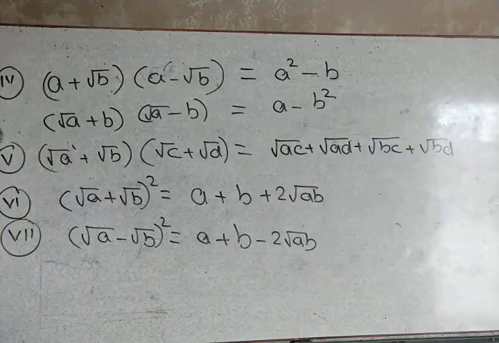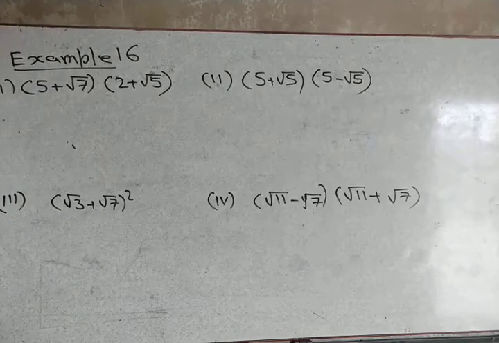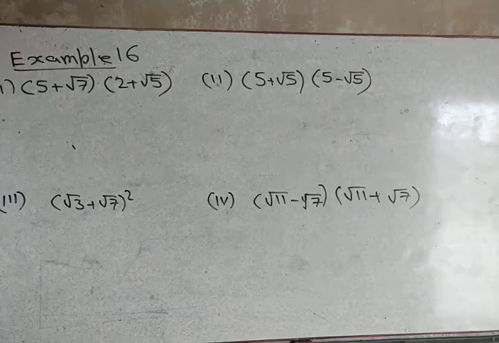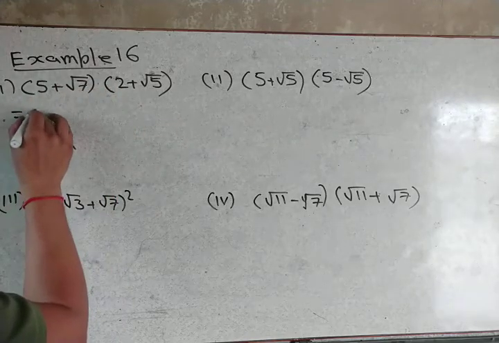And we have got a number of examples for this. Please pause the video and note it down. So this is example 16 of your book, and you can do this question yourself with the identity which I have given you. I am solving for you, but try yourself first. So 5 is multiplied with 2, that is 10.